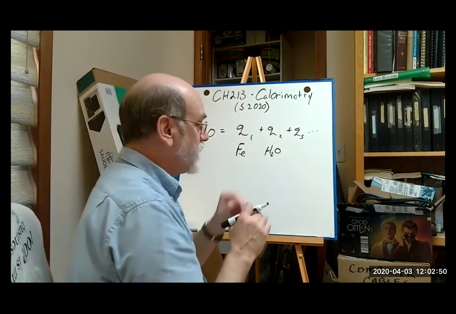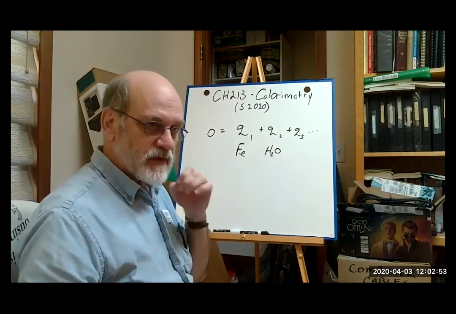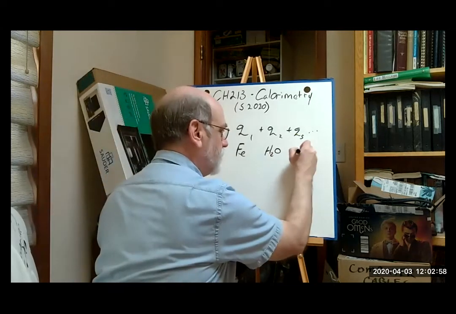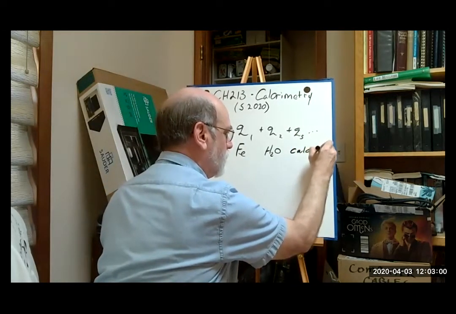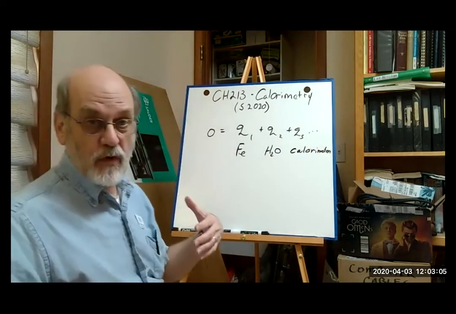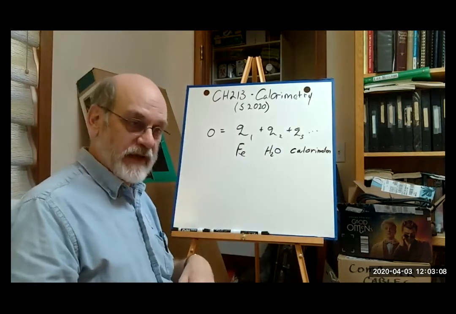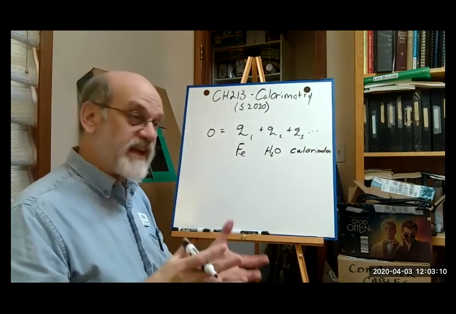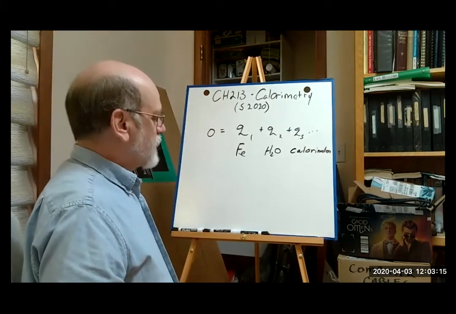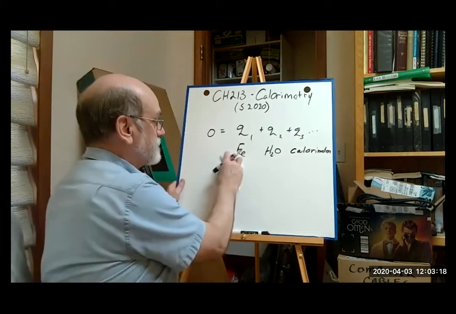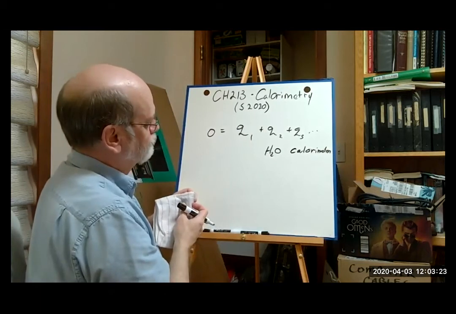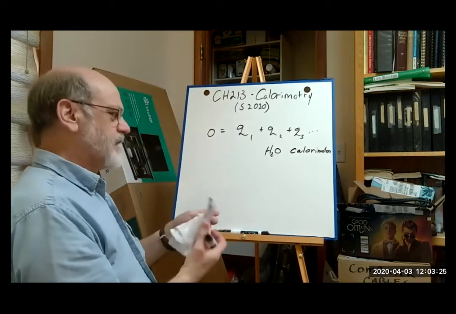And then Q3 would be what happens to the calorimeter itself, right? So we've accounted for everything that could undergo a temperature change and consequently a transfer of energy in the form of heat. So what if instead of that, we said, well, let me not get ahead of myself.